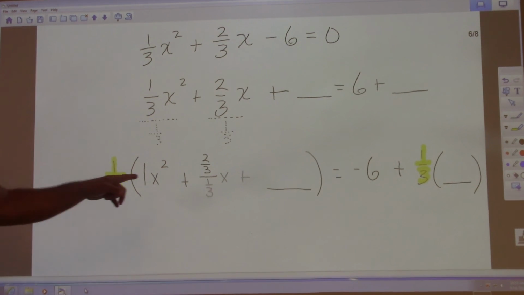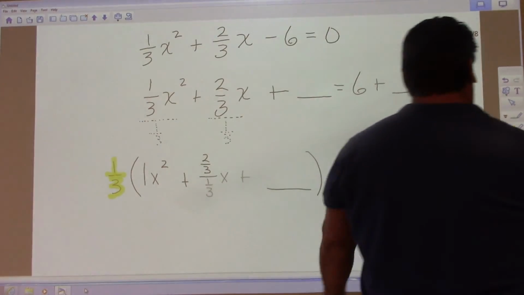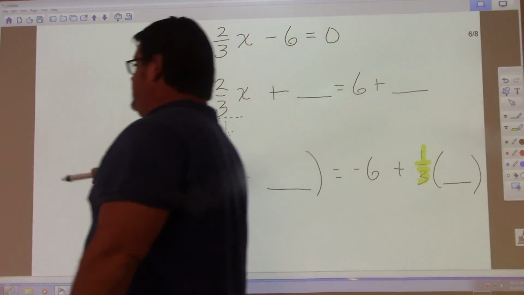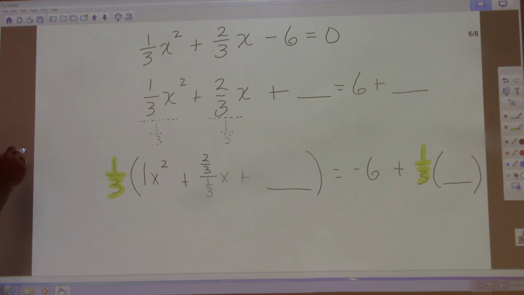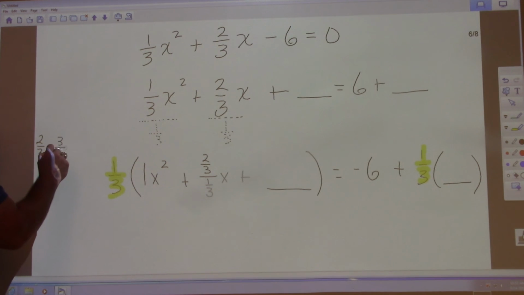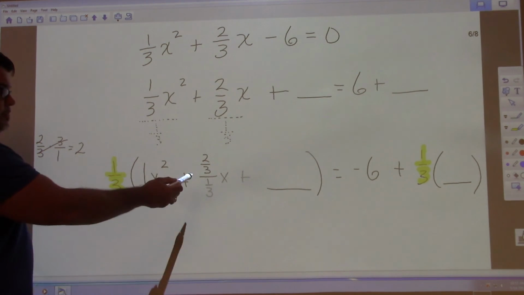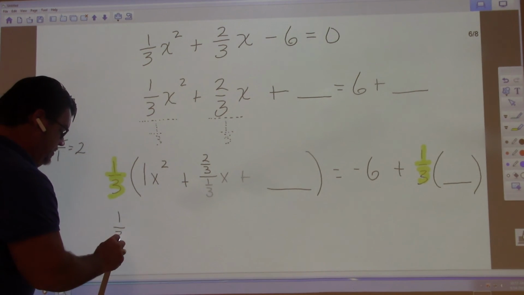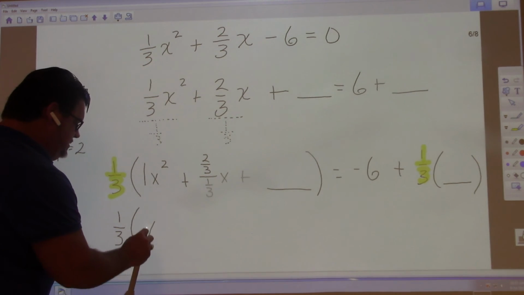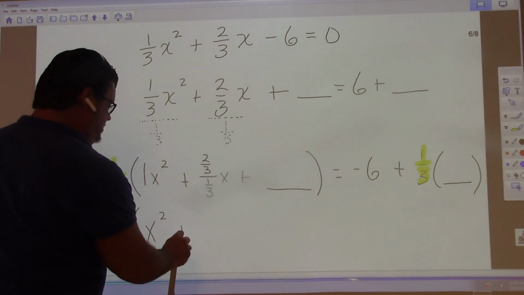Now right here, I'm going to pull this out to the side, and I'm going to do it by hand because I don't want to screw it up. 2 divided by 3 multiplied by 3. Oh my gosh, look what happens to those 3's. So that becomes 2. Now what's the most common mistake that students make here?